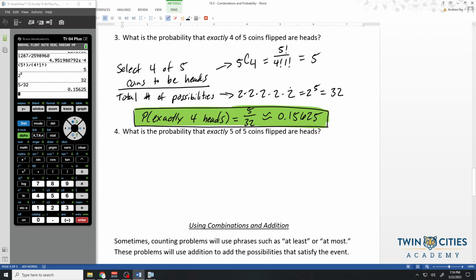What's the probability that you get exactly 5 out of 5 coins? So I'm going to do a very similar process. Instead of selecting 4 of 5, I'm going to select 5 of 5. And again, dividing this by the total number of possibilities.